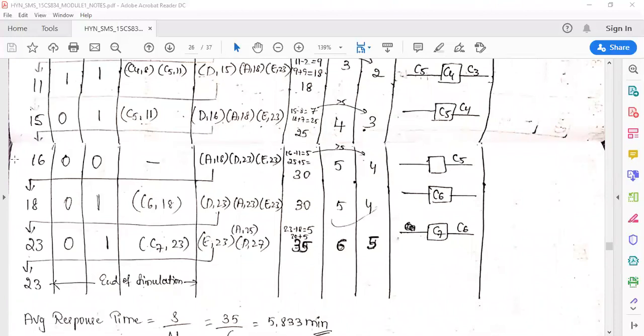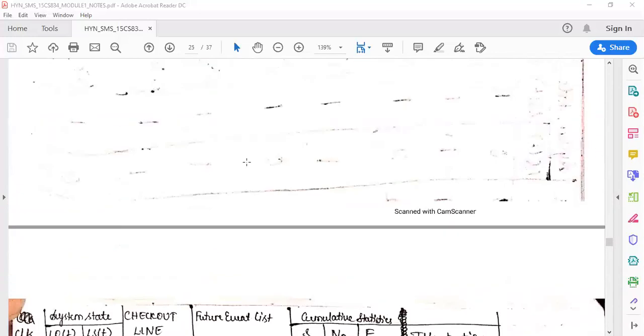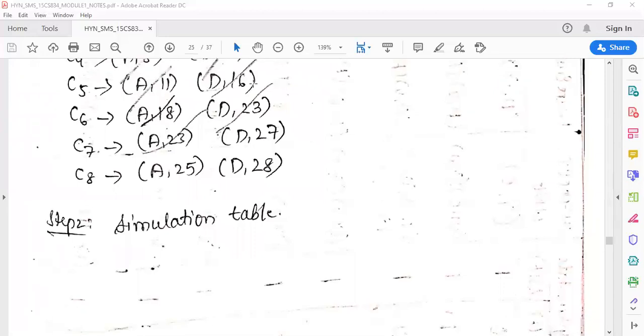Next again, remove the imminent event from the list. We removed 16. Again, it is a departure event. The fifth customer moves out, so nobody is there. The queue is 0, the server is also 0. Nobody is there in the checkout line, so the checkout line becomes a dash. Since it is a departure event, I have to schedule the next departure. After D comma 16, I have D comma 23.